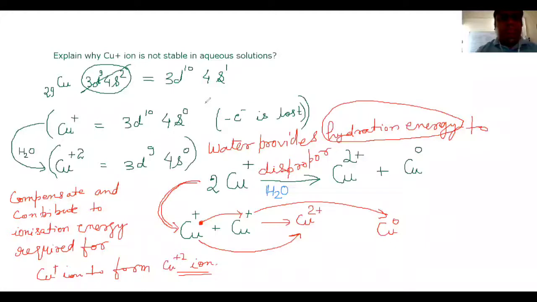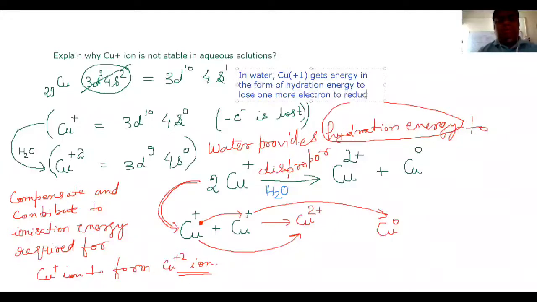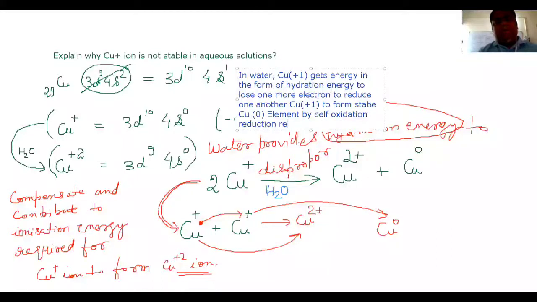So we can write, in water Cu plus 1 gets energy in the form of hydration energy to lose one more electron, to reduce another Cu plus 1 to form stable Cu 0 element by self oxidation reduction reaction shown below.